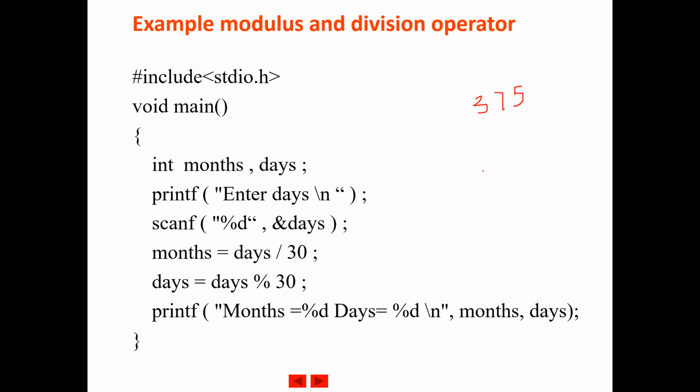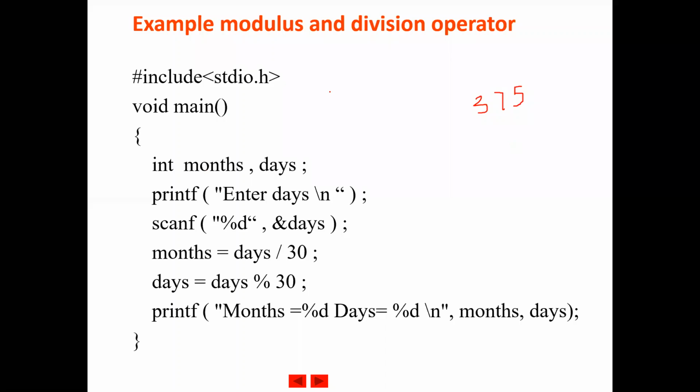Suppose you are given these many paise, you will first convert into rupees and the remaining will be shown as paise, right? Likewise, here out of 375 days, you have to give how many months there are. You will be making each month of 30 days. After that, how many days are remaining has to be given as the number of days. So this is the problem to be solved.